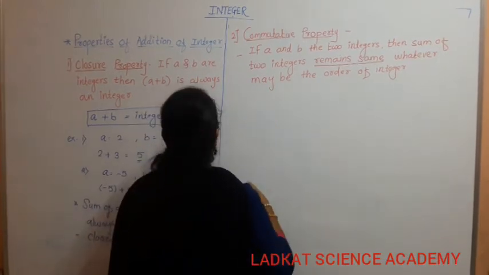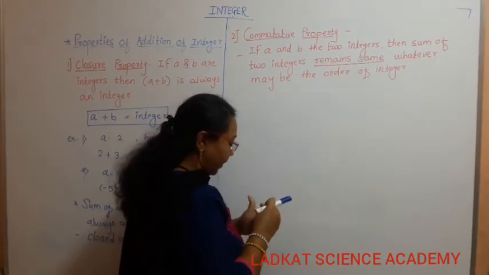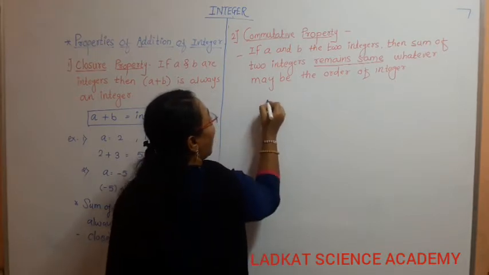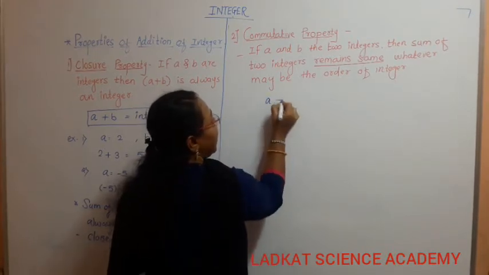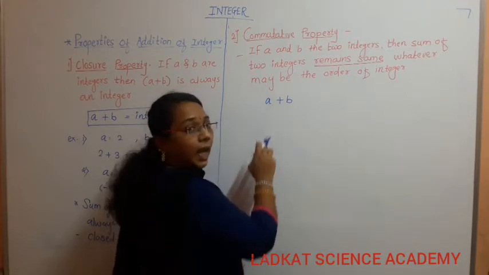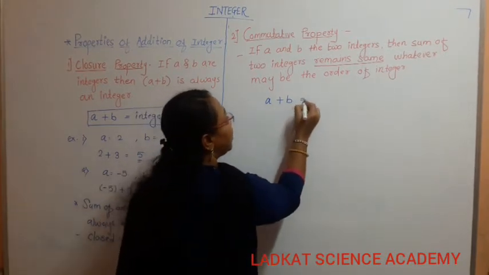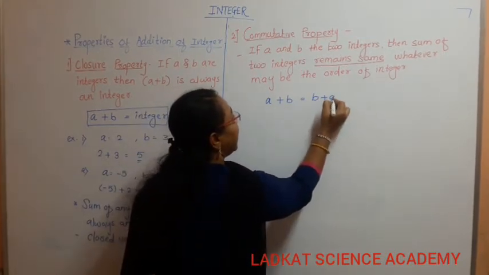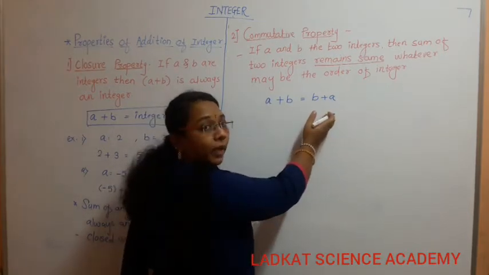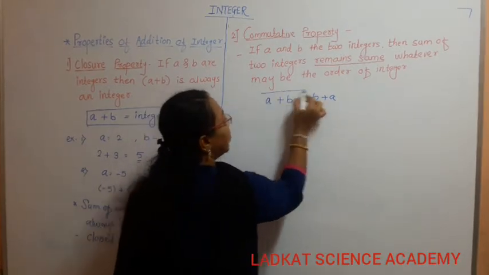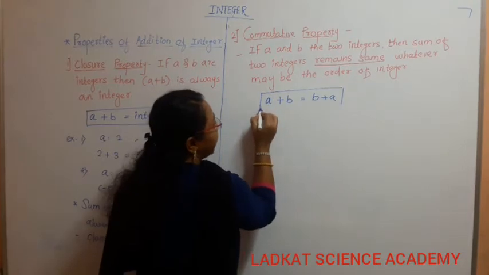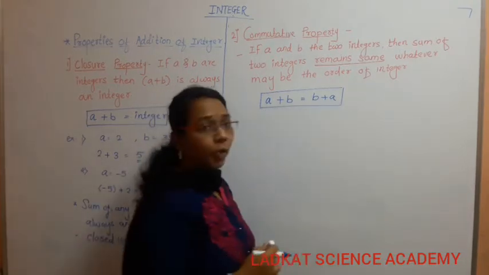We will see the general formula for the commutative property. A and B are the two integers. Then addition of these two, means A plus B is equal to B plus A. Here we change the order of the integers, then also we got the same integer. This is the commutative property.